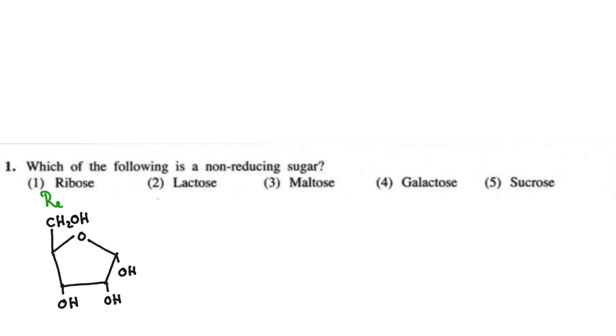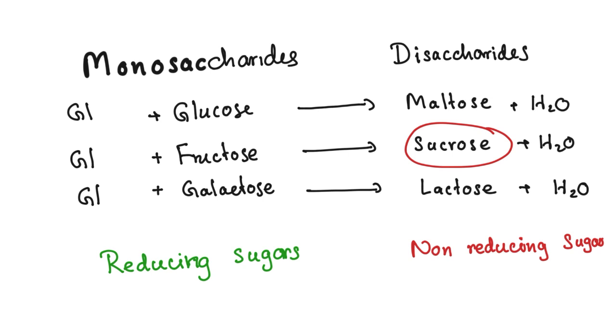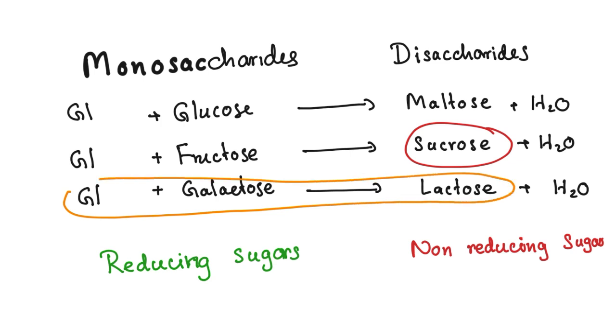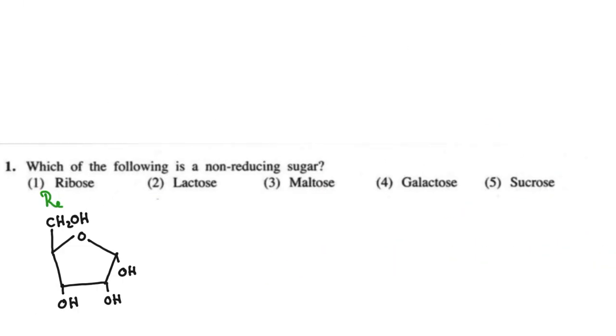Then the second one, lactose. Lactose is a disaccharide, the product of the reaction between glucose and galactose. Again, I will draw the structure, but we don't have to remember these.